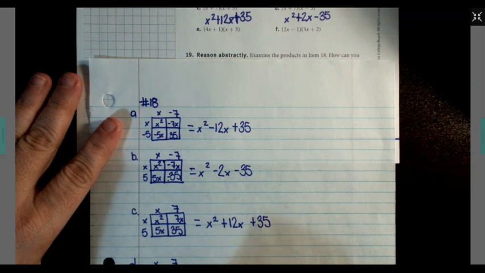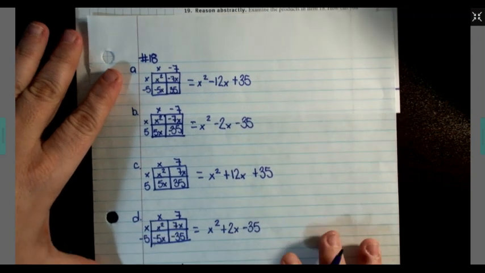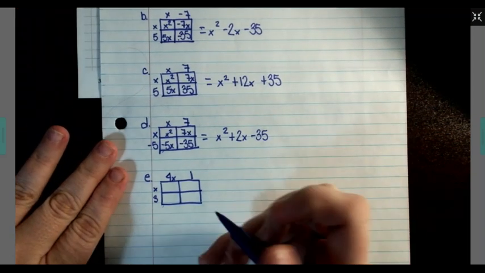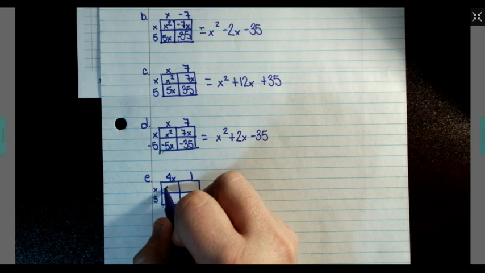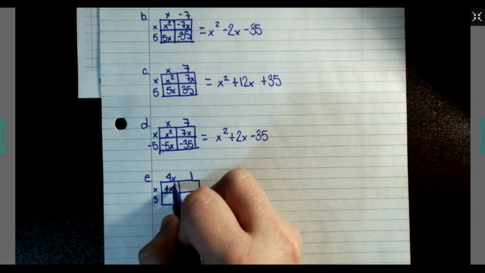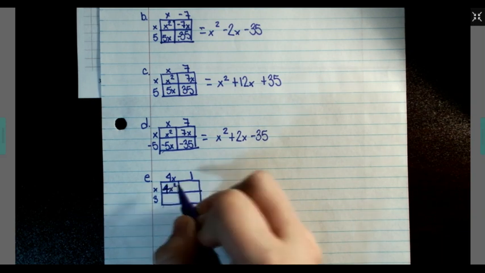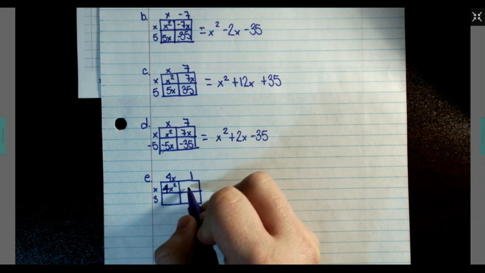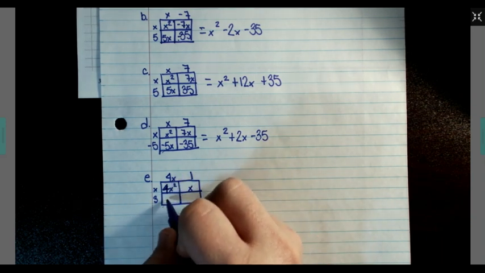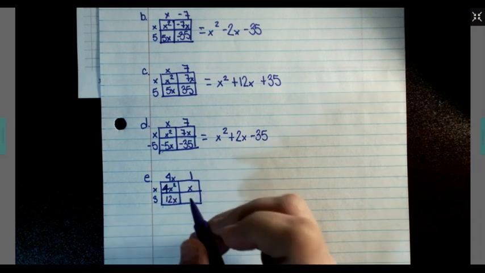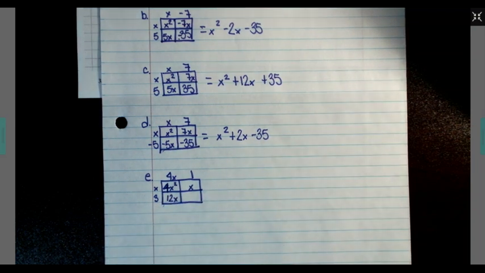Here we have 4x and +1 and x and 3. Well, 4x and x is 4x squared. X and 1 is x. 4x and 3 is 12x. And 1 and 3 is 3.